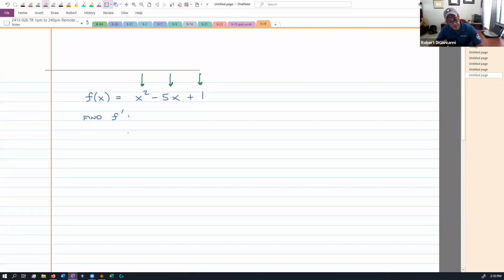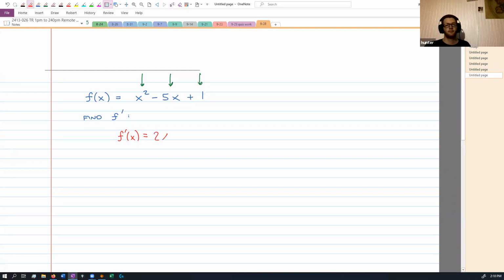So when I take my derivative, I can do them individually. When I take the derivative of x squared, I can use the power rule, can't I? So that just becomes 2x. 2x to the first power, but I don't need to write a 1 up there.